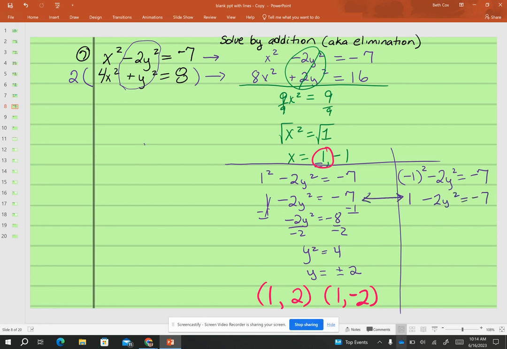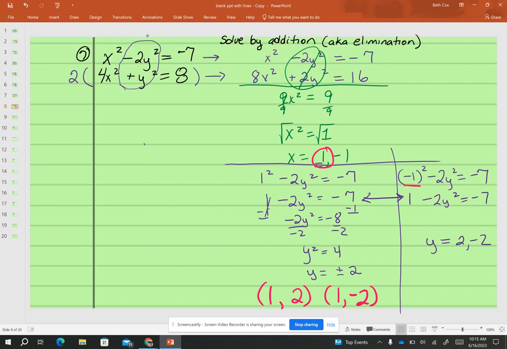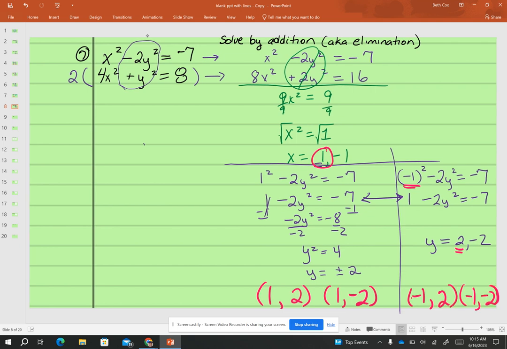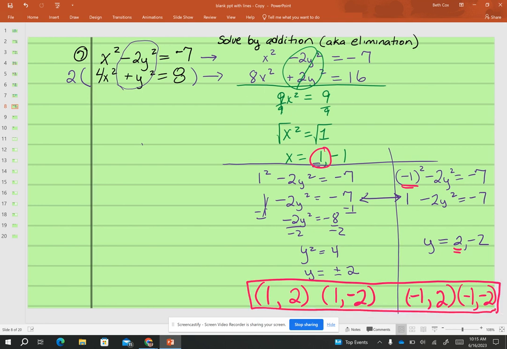Again, that is exactly the same problem. Therefore, I'm going to get the exact same answer. So I'm going to get y is positive and negative 2 again. So here we go. New answers. When x is negative 1, I get y is 2. And when x is negative 1, I also get y is negative 2. 4 points once again, just like the previous problem.